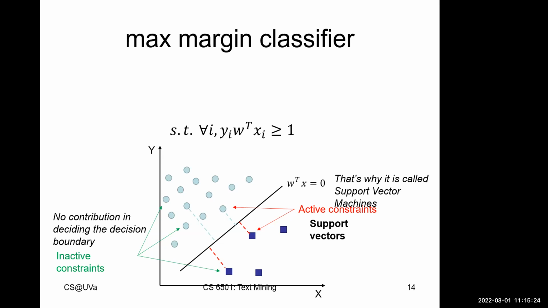Charles: Does the number of points in each class affect how many inactive constraints there are over active constraints? Well, it does affect how many inactive they are, but only the ones that are closest are the active ones. And theoretically, only one per class is active, because only one is closest.